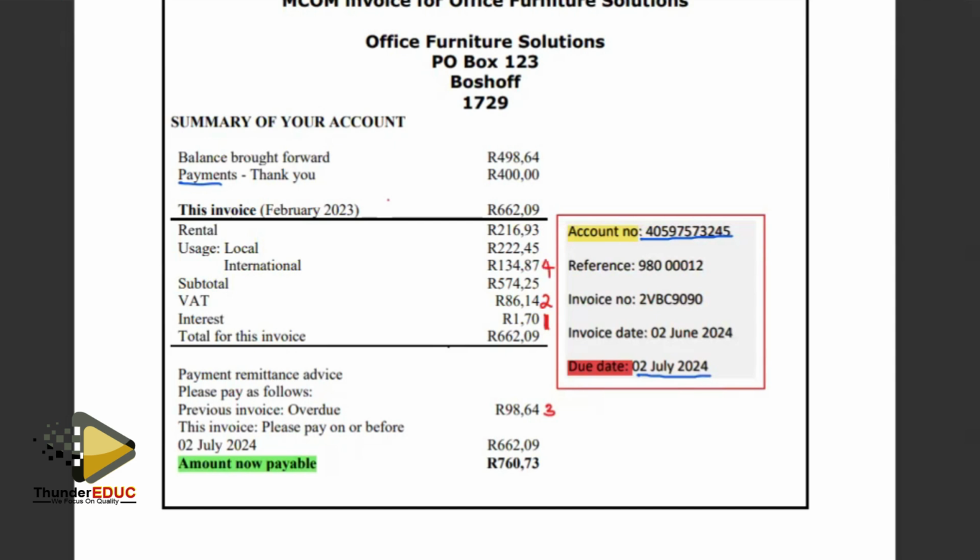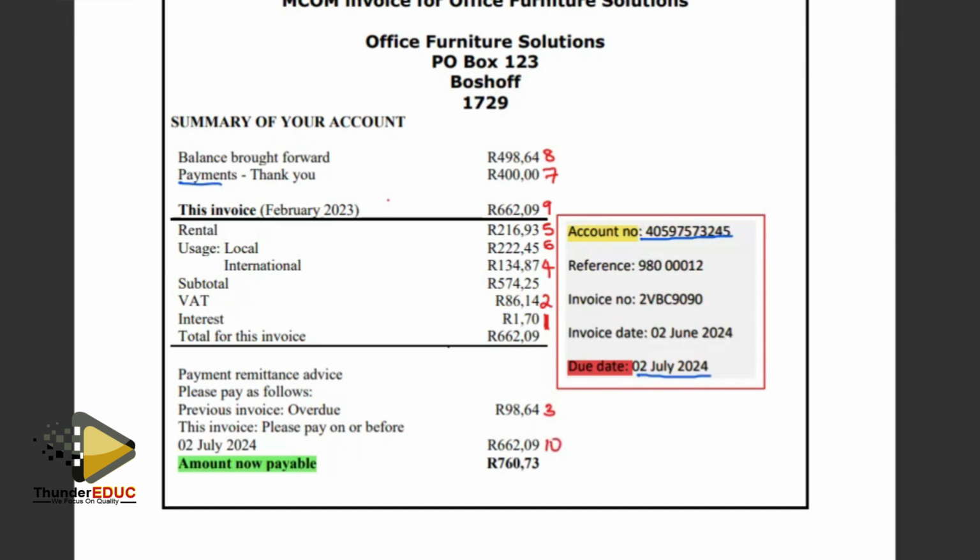134 becomes 4, 216 becomes 5, 222 becomes 6, then 7 is 400, 498 is another 8, then we have a 9 here, and we have a 10 here.